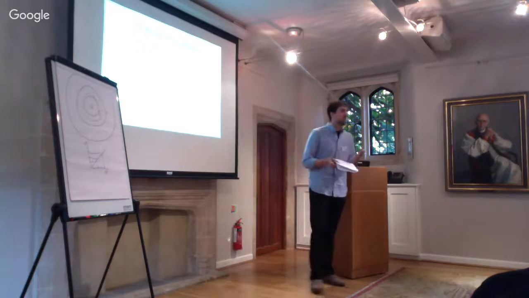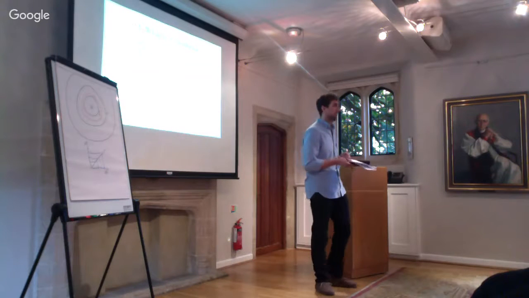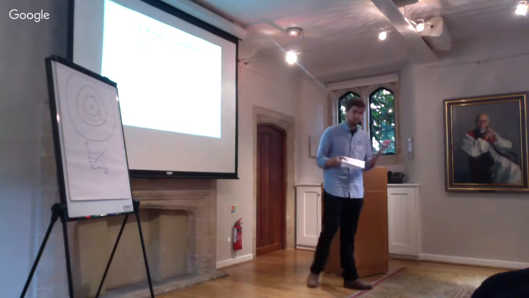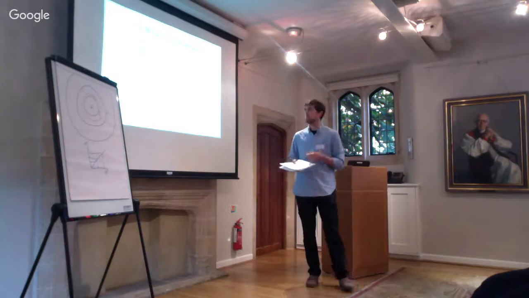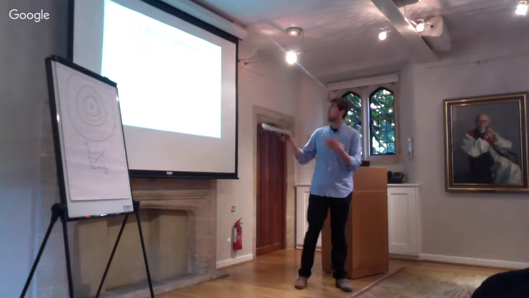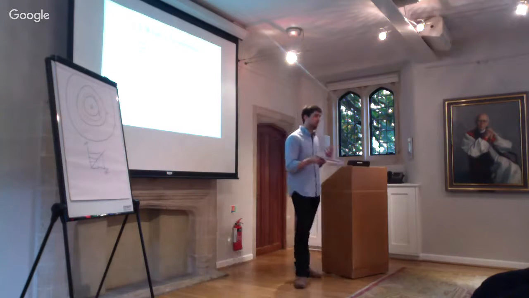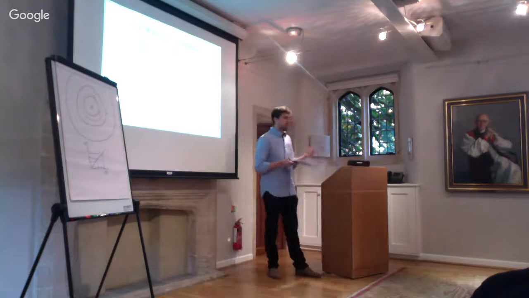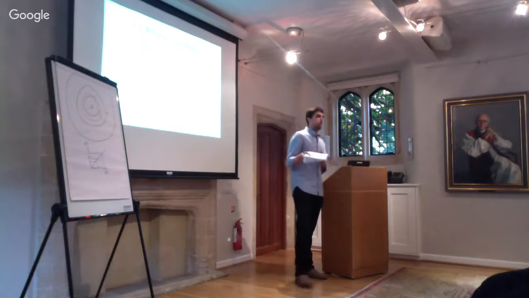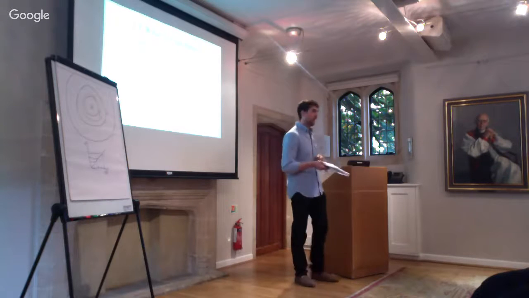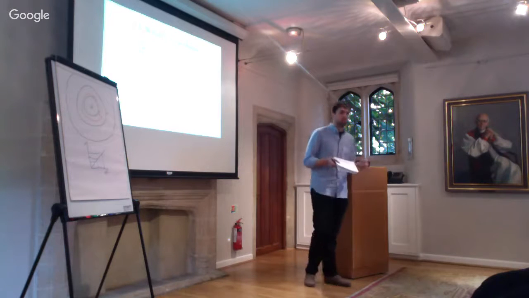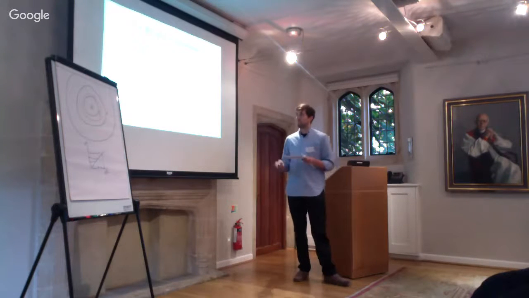There's grapheme color synesthesia. There's, I think, smell color synesthesia, taste color synesthesia. And the inducer-concurrent associations vary. So for some, the sound of a church organ might be associated with an experience of greenness, and for others it might be associated with an experience of redness, for example.